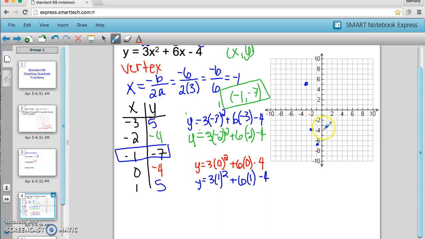So then 0, -4, and then 1, 5. Now I just need to connect my points. Make sure when we connect our points we have kind of that U shape. Try to do a little better job than me. My computer's kind of laggy. All right.